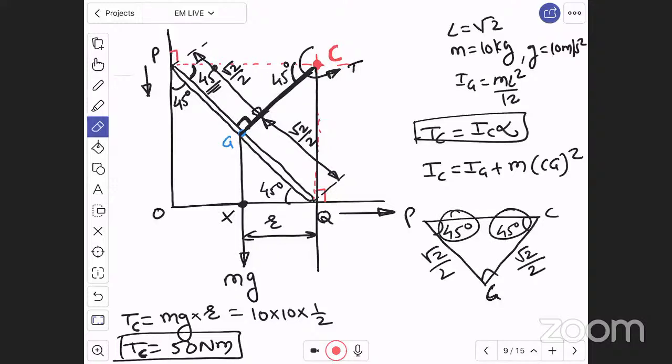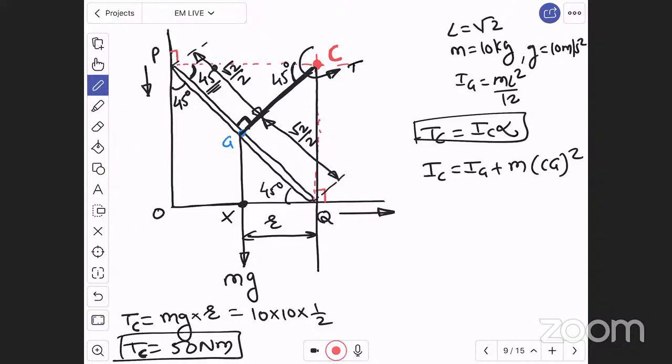Now C to G distance is √2/2, then use that distance. चलो फिर IC निकालते हैं। Then IC is equal to, IG is nothing but ml²/12 plus mass into C to G distance is √2/2 whole square, right?